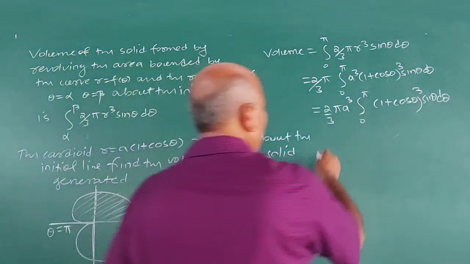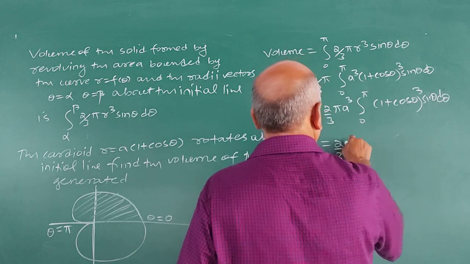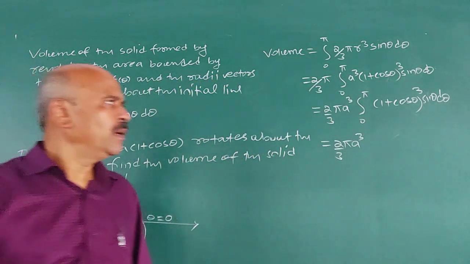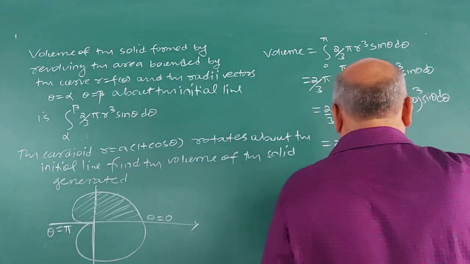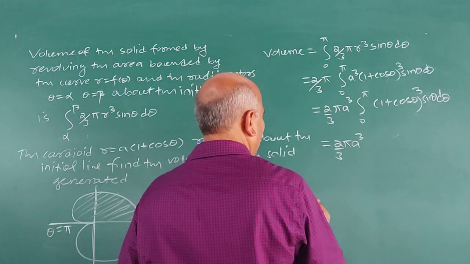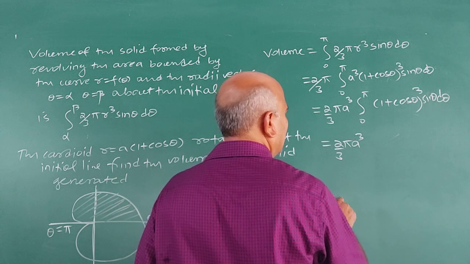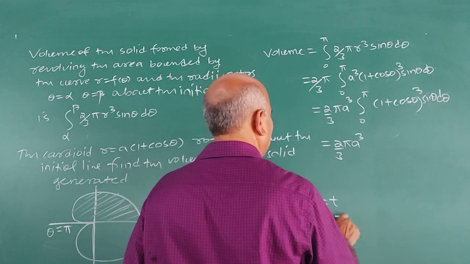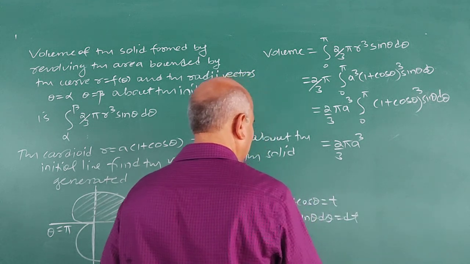Now you have to evaluate this. How do you evaluate? Reduction formula is not required. By substitution you can evaluate. Take 1 plus cos theta equals t. Therefore minus sin theta d theta is dt. The limits change.